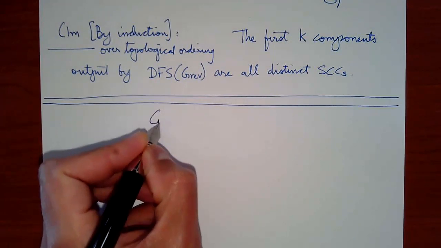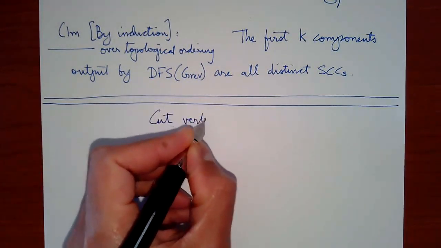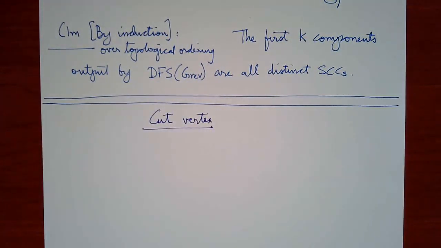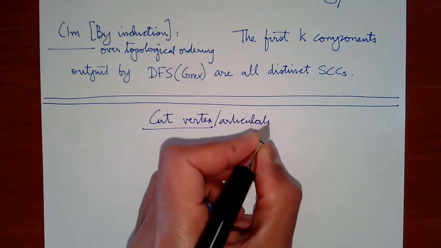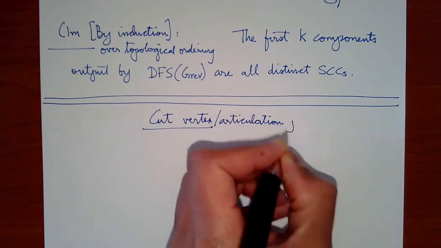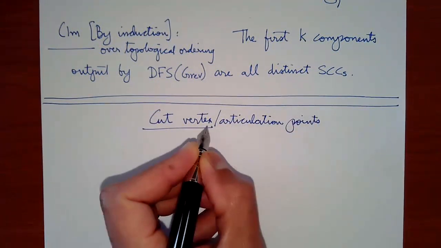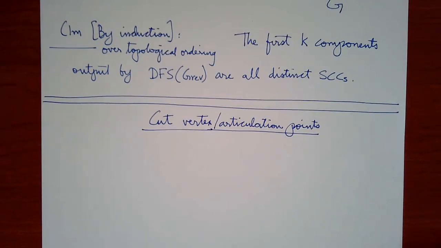So I'll tell you about cut vertex, or what are called articulation points, just the cut vertices.